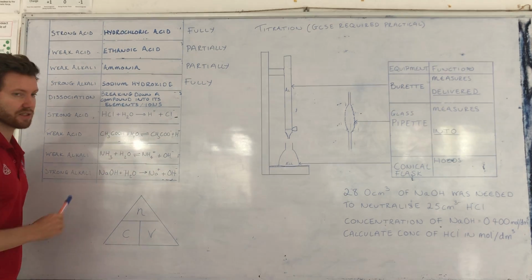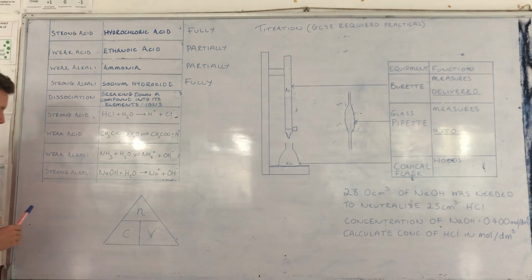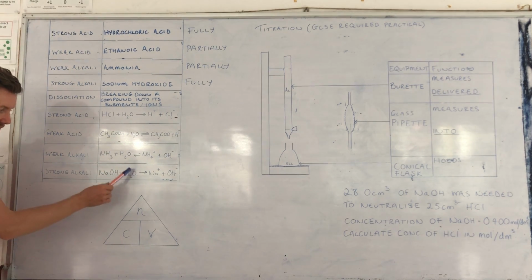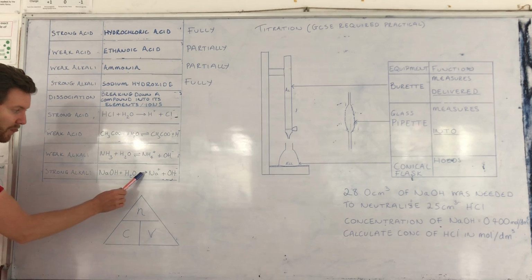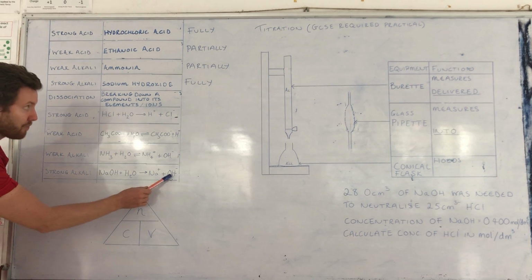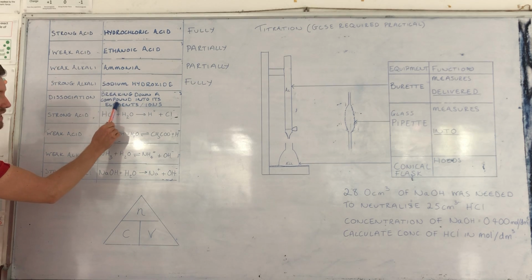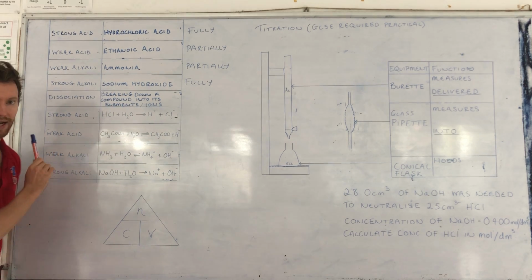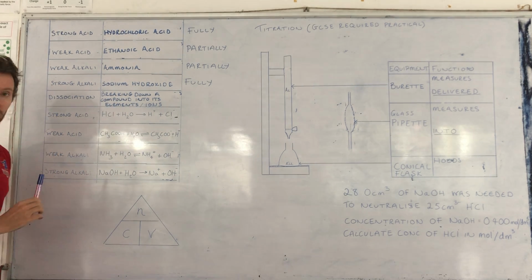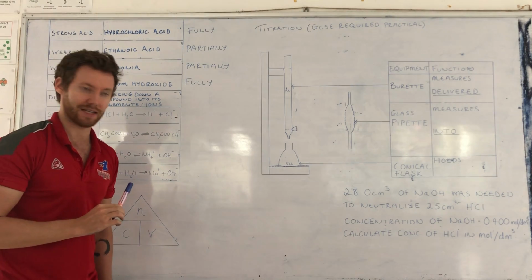We are not fully dissociated. And following this same template for a strong alkali, we have our sodium hydroxide dissociating when placed in our water, full dissociation back into its elements or ions. Perfect, okay? Thank you for your hard work on that.